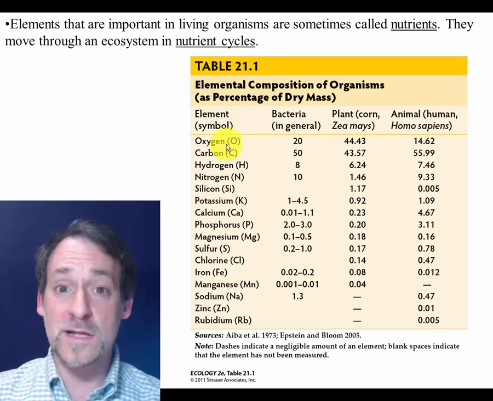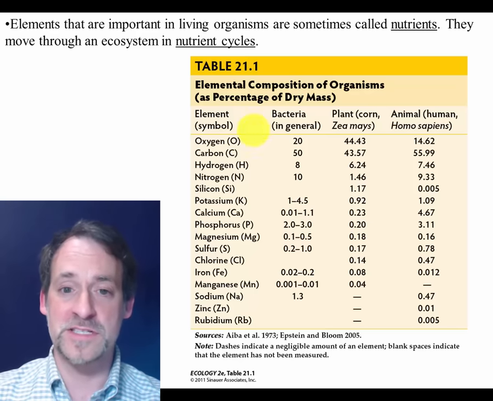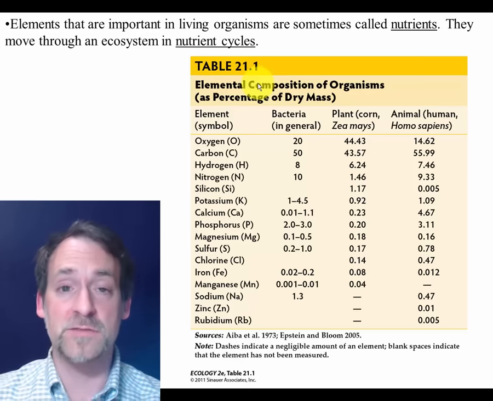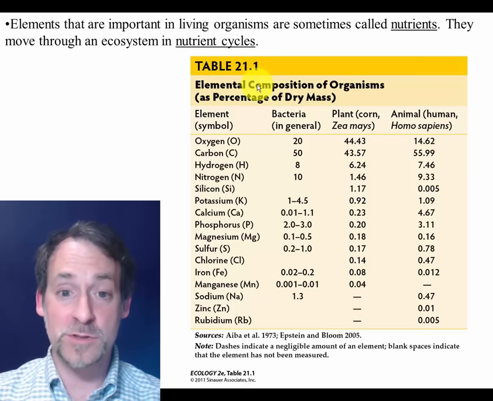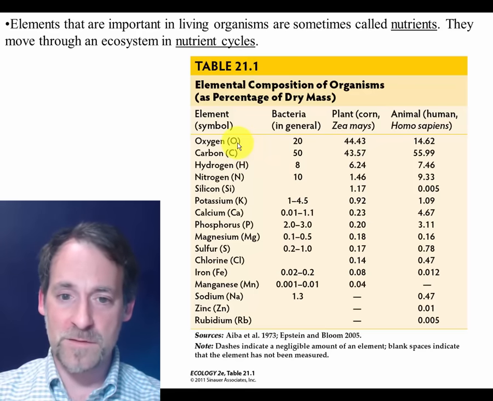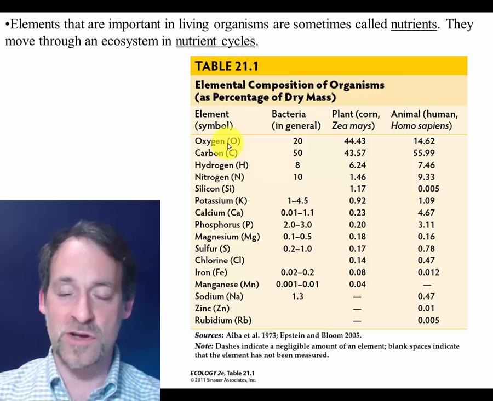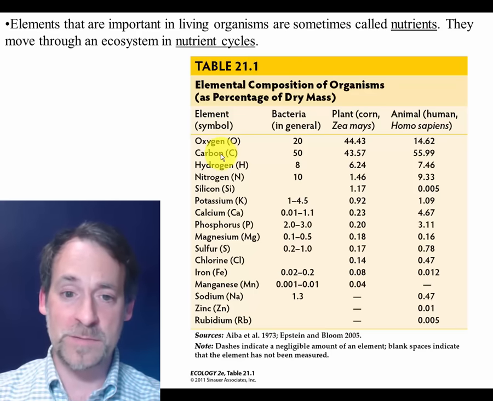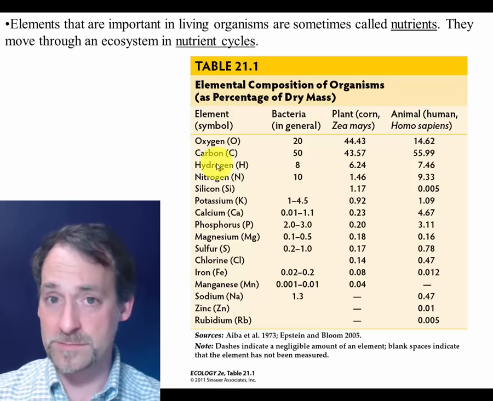There are a few elements that we're going to focus on particularly today. This is a chart that shows basically what organisms are made of from an elemental perspective. The big three that start off the list, no matter which kind of organism you are, bacterium, plant, or animal, are going to be carbon, oxygen, and hydrogen.